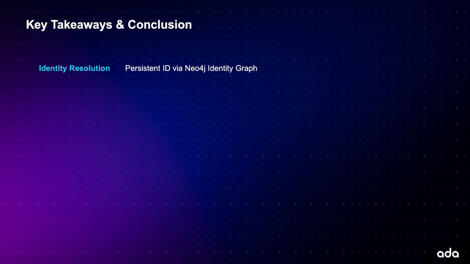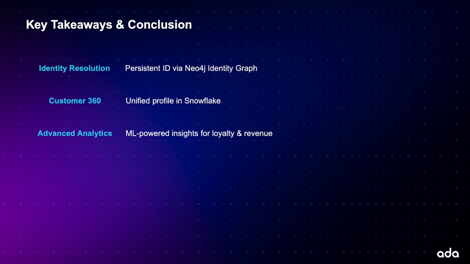We implemented ID resolution through the Neo4j service, which enables the creation of a single customer profile. The second is Customer 360, where we learned that ADA has templatized C360 enablers capable of taking data and generating hundreds of customer attributes depending on the client vertical. The third is advanced analytics capabilities, where we saw an example of customer segmentation implemented using k-means clustering.